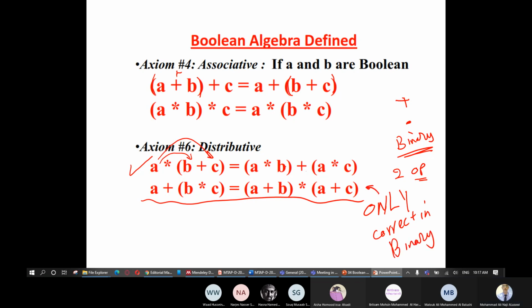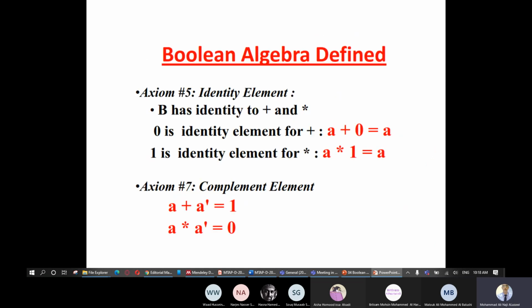It's not applicable at all in any other number system but binary. You cannot distribute the addition over the multiplicative operation in other systems. In binary, I can distribute this A, the additive operation, over the multiplicative operation. That's why the result is (A plus B) times (A plus C). Okay.